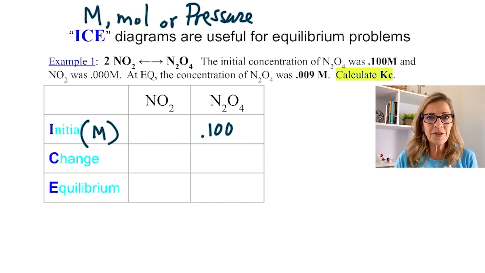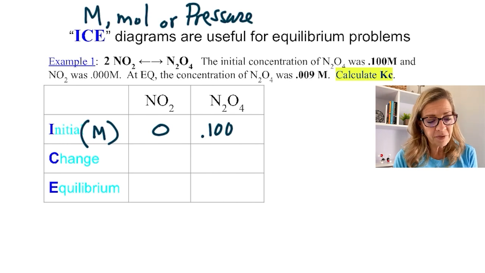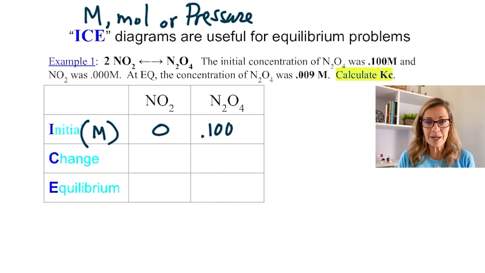So I've got to have all the same units there. If I do moles, I have to be moles. Then there is no NO2, so when I start off, I'm all reactant. What's going to begin to happen? That N2O4 is going to react and turn into NO2, and so we're going to lose N2O4 and gain some NO2.